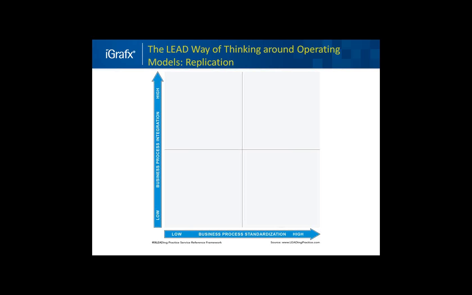So let's take a more detailed look at what we want to have. Replication means that you have simple services. If you have services that go across an organization or to a customer that are simple, it doesn't matter if you have a core process, which we call main processes. The reason we don't call them core processes is to avoid conflict.